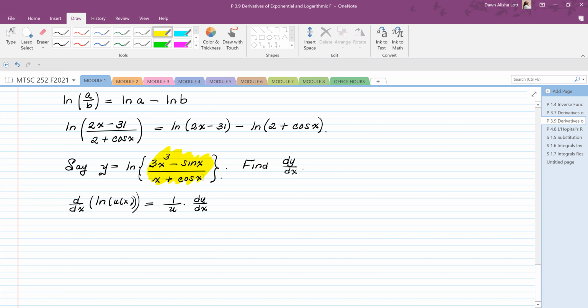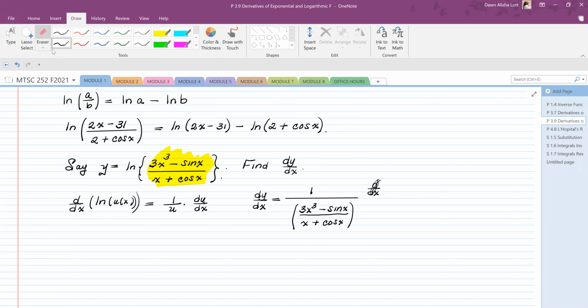All right, so that means I have to do two things to this. I would get that dy dx would be 1 over that whole thing. And then I would use the quotient rule, as you stated, to do the other part.